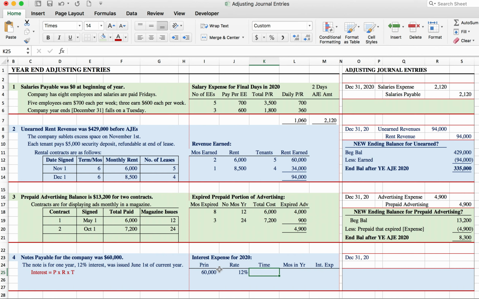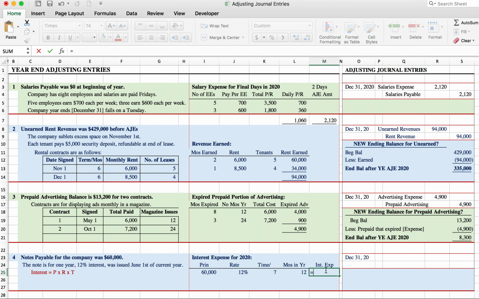If the note was issued on June 1st, how many months are there between June 1st and December 31st? If you include June, July, August, September, October, November, December, you'll find that it is 7/12. So the time is 7/12 of the year. I'll put a slash to remind you: 7 divided by 12.